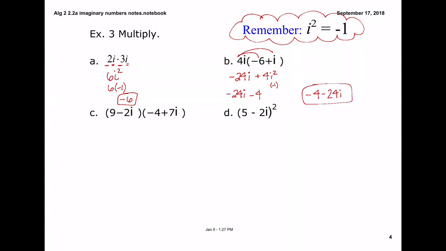In example C, 9 times negative 4 is negative 36. 9 times 7i is positive 63i. Negative 2 times negative 4 is positive 8i. Negative 2i times 7i is negative 14i squared. I squared is a negative 1.